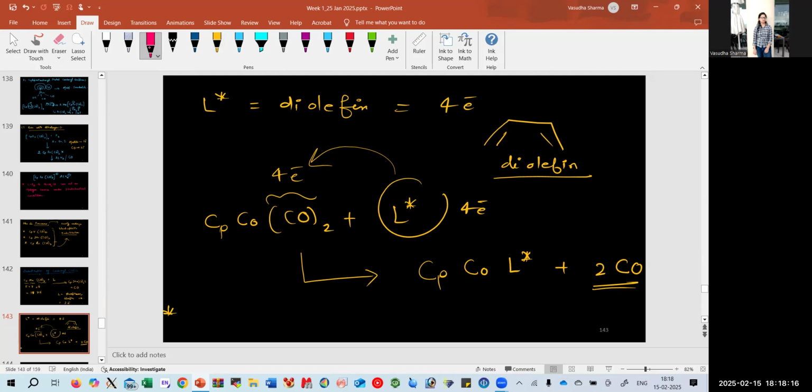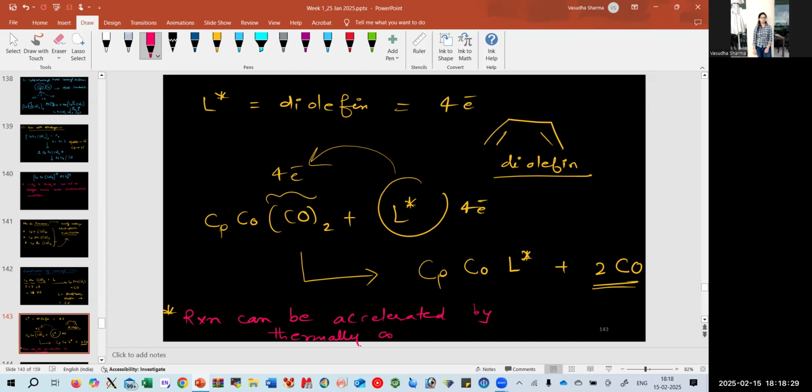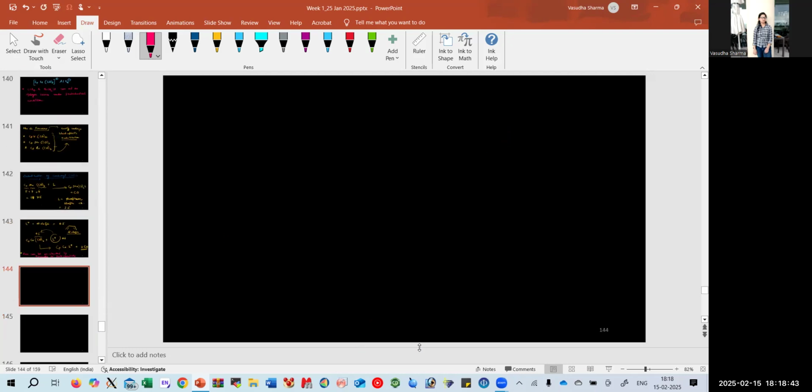To note over here, this reaction can be accelerated by providing a thermal heat or light source. So you can accelerate the reaction kinetics by 2 different conditions: by providing heat thermally, or photochemically by providing a certain light source.